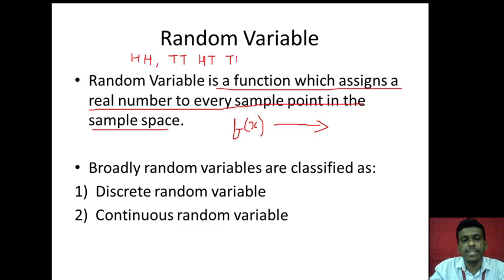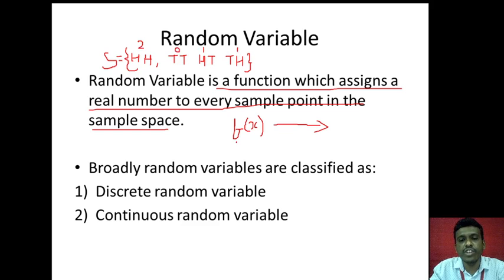This is your sample space when you toss two coins at the same time. Fine. So you can see that there are two heads here, there is no head here, there is one head here and one head here.